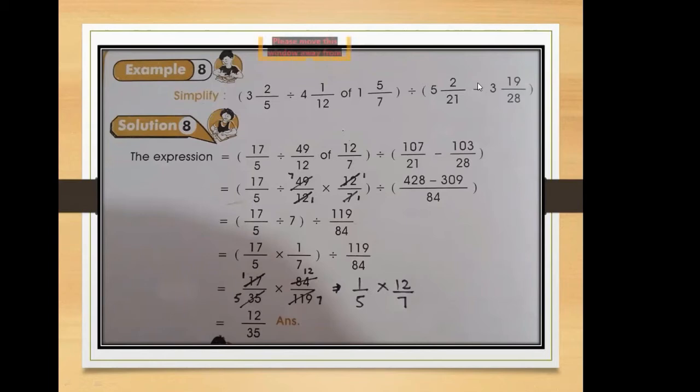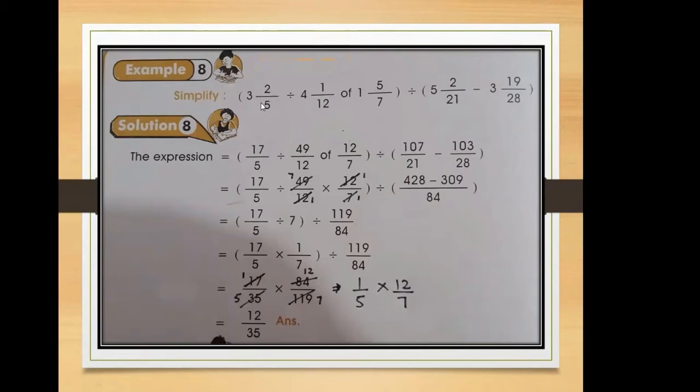So when we have a question in the form of mixed fractions, what do we have to do? The very first step, which I discussed in the previous class, is that we have to convert the mixed fraction into a common fraction. And how can we convert it into a common fraction?